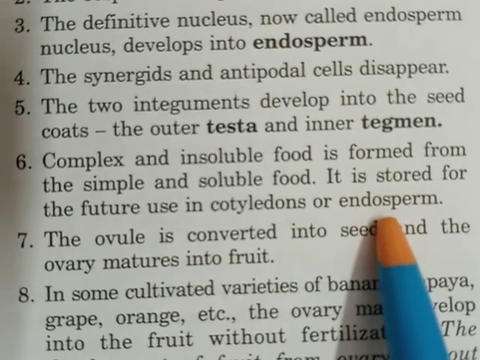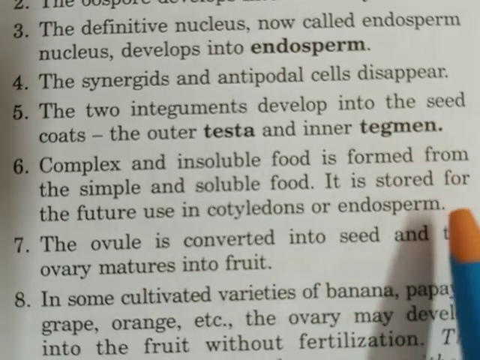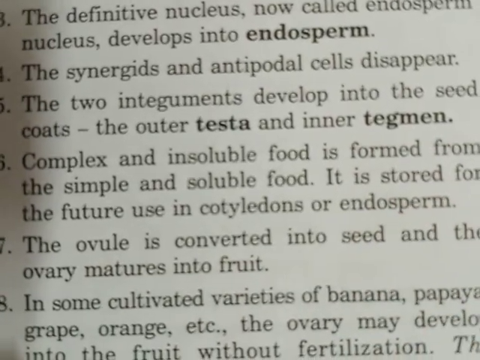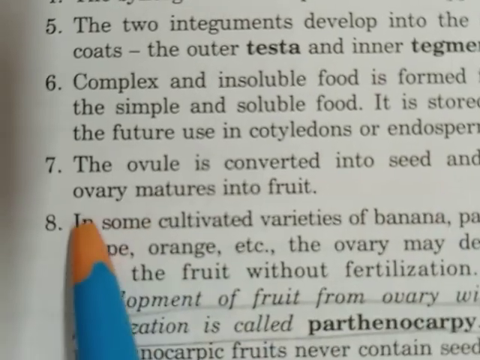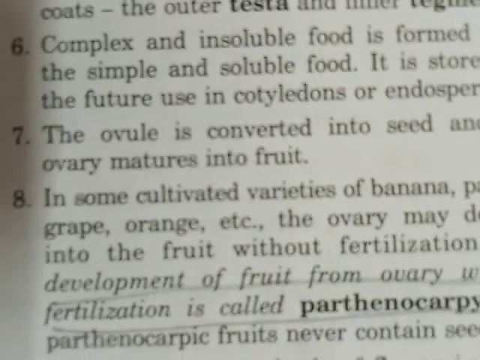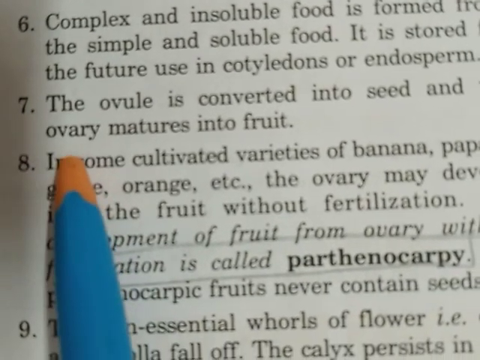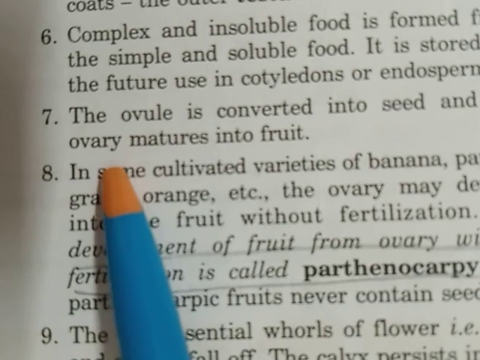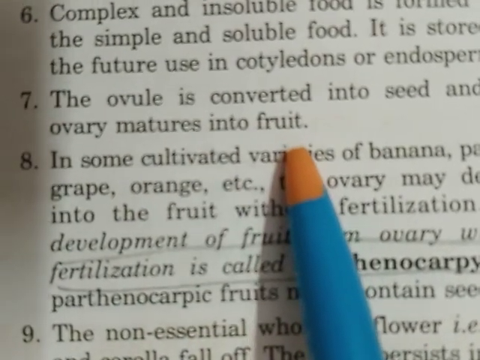And this endosperm is the food which provides nourishment to the developing embryo. The ovule is converted into seed and the ovary matures into fruit. So the ovule, after fertilization, changes into seed, and the ovary, after maturation, or we can call it the matured ovary, forms the fruit.